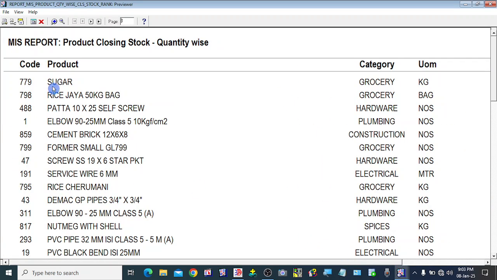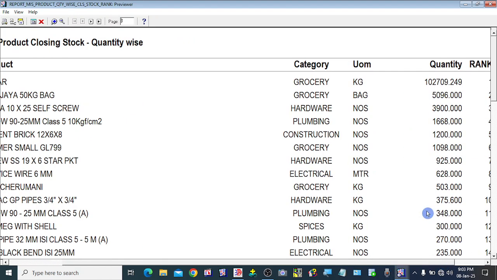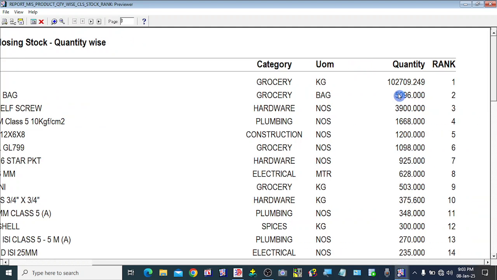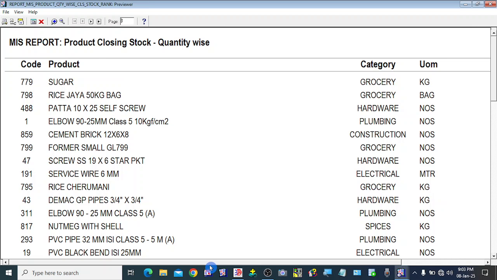Here we can see the product sugar. The unit of measure is kg. At the moment we have 1,02,709 kg of sugar in our store.